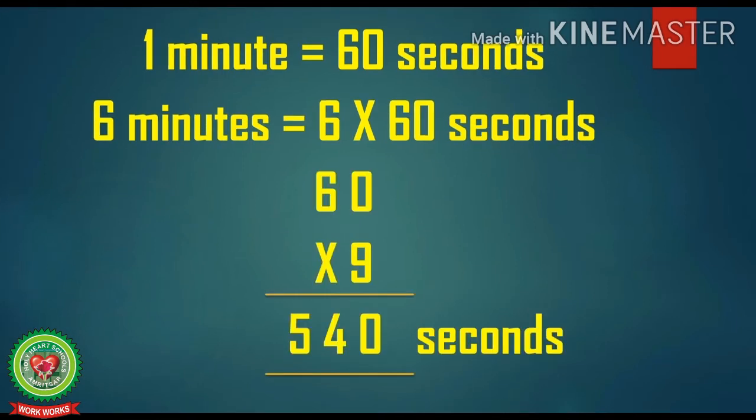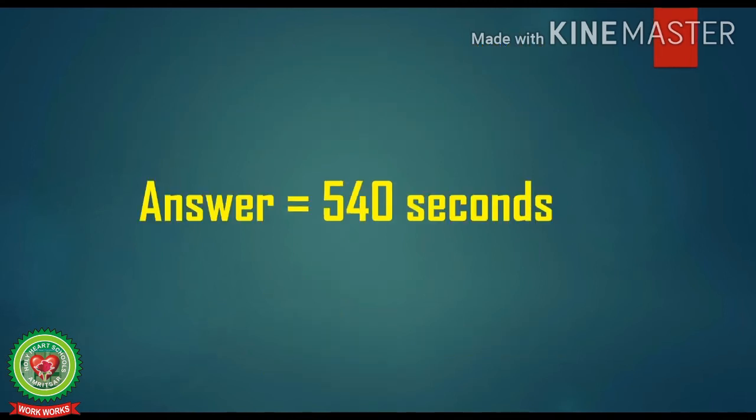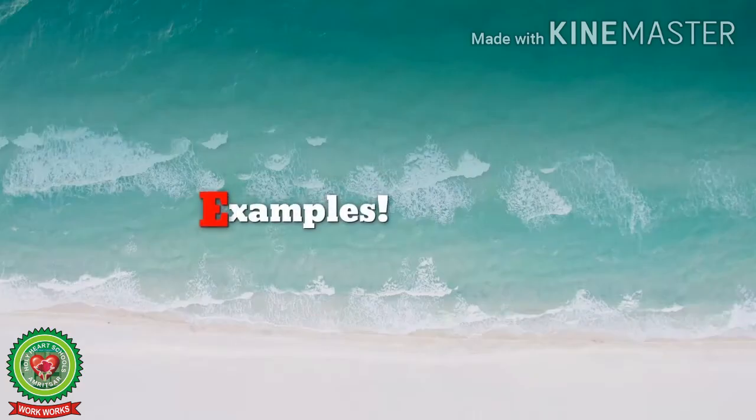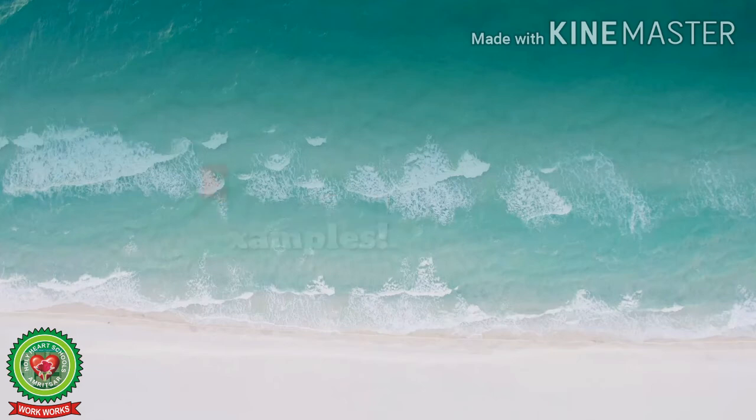So when we multiply 60 by 9, we get 540 seconds. So kids, when we convert 9 minutes into seconds, we get the answer as 540 seconds. Now let us solve some more examples on copy.